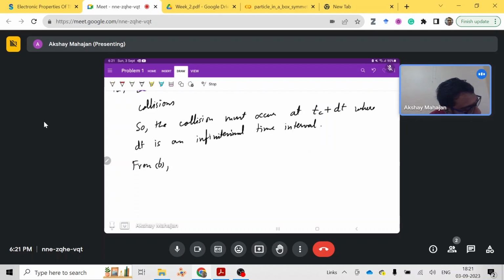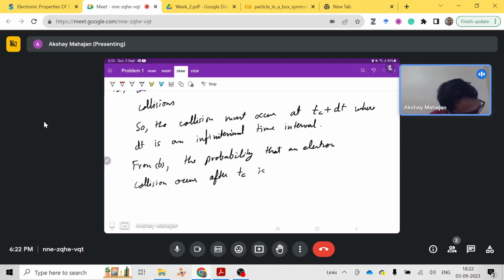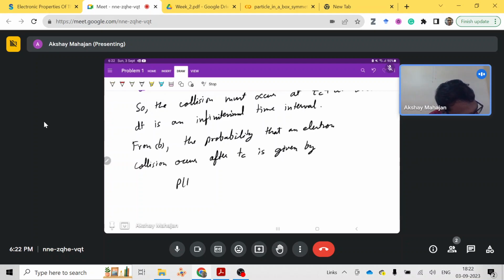Is given by P of Tc equals e to the power minus Tc by tau, dt by tau.